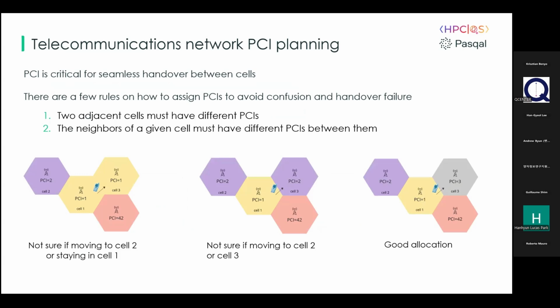Why graph coloring in particular is important. Here is a little bit of a teaser for next week's session on a deep dive where we will discuss the particularities of this method.